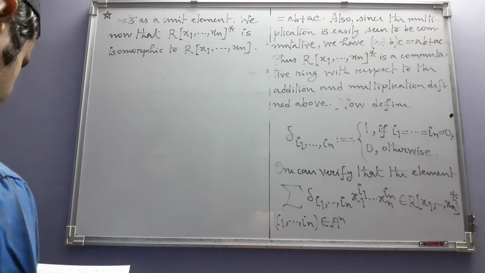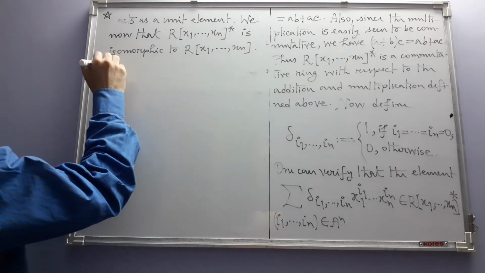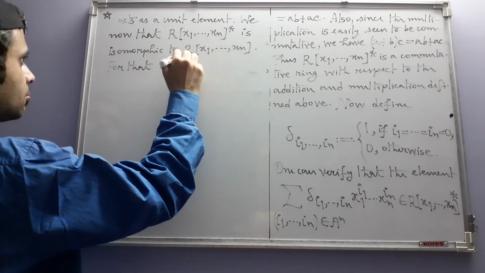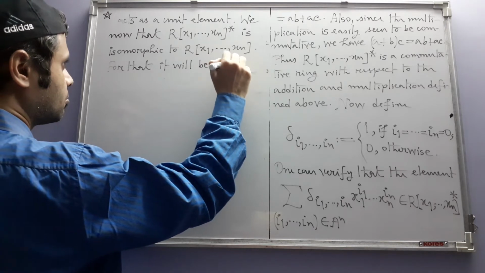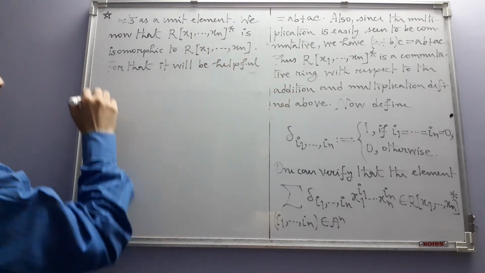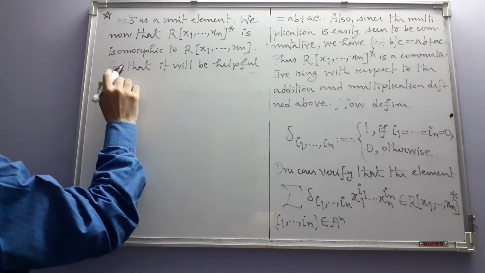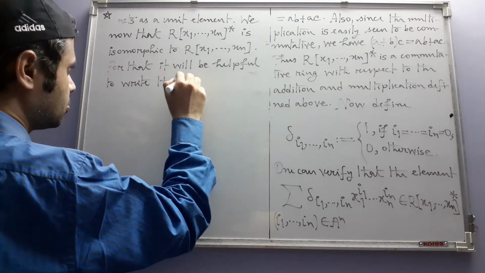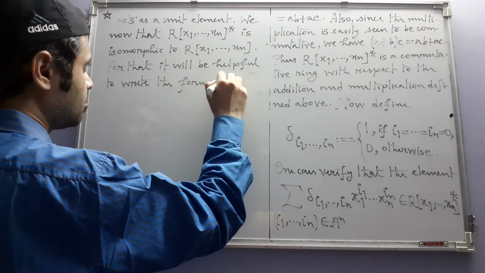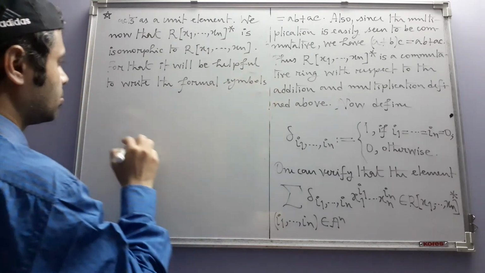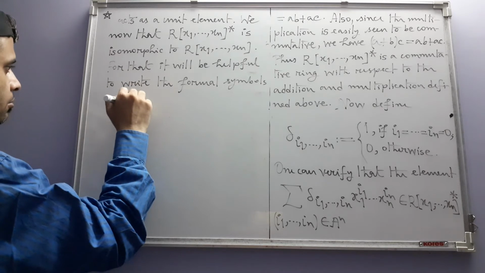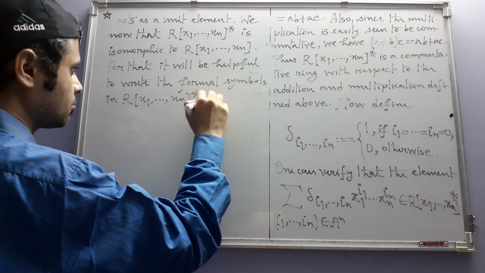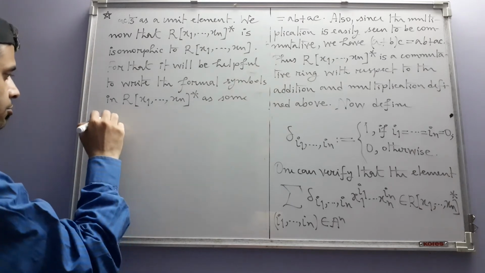How can we do that? For that, it will be helpful to write the formal symbols in our ring as some actual sums.